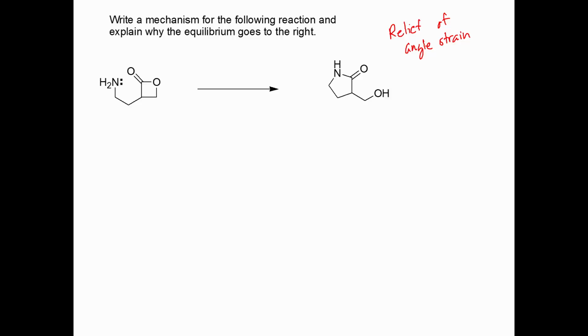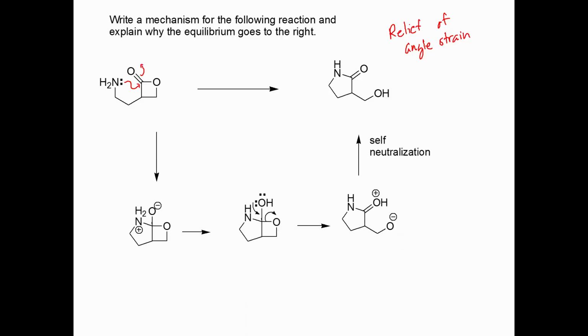All right, the mechanism. I've sort of drawn it in such a way that I'm pointing you toward the answer. Okay, so we're just going to attack the carbonyl group that way. Let's see, I'm giving you the self-neutralization mechanism here.